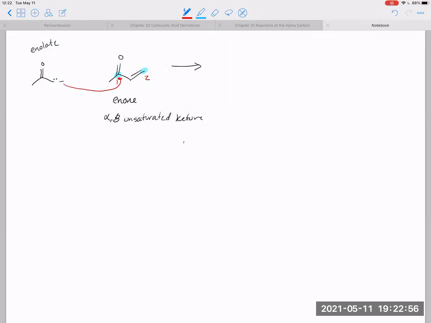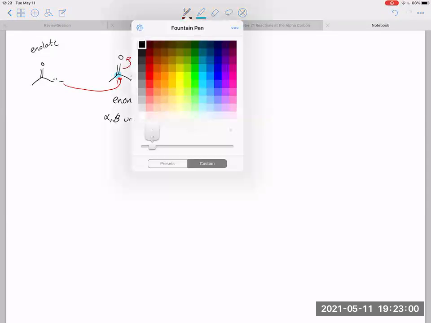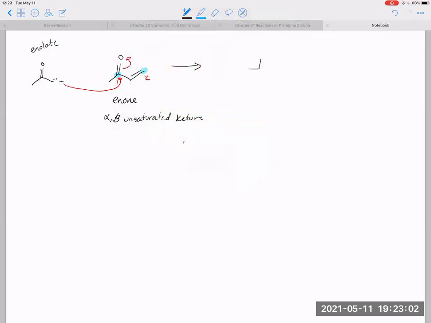Because carbon can't have 5 bonds. So at the end of the day, we're going to get an alcohol group. First it's going to be stuck as that negative charge. But then of course, the only thing we can do there, because there's no good leaving group, is cap it off with a hydrogen.